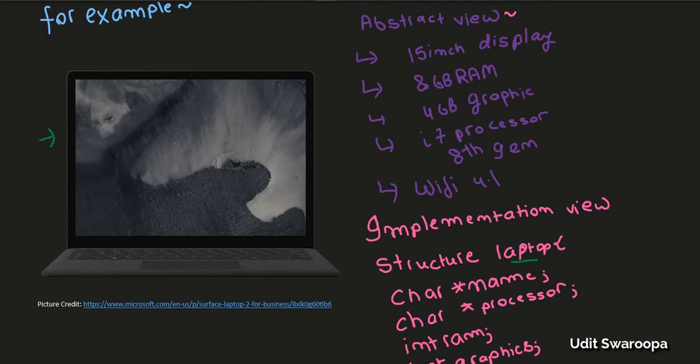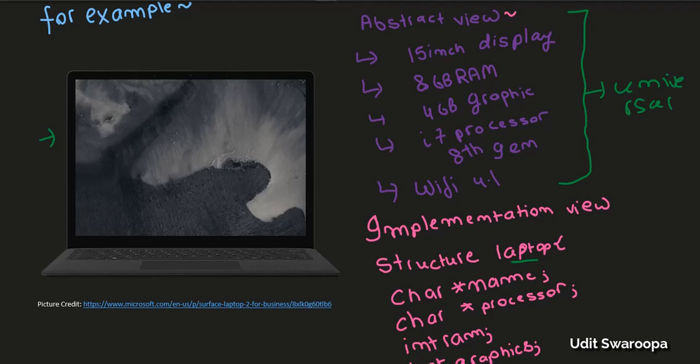Since there are different approaches for different languages, we have these two kinds of views. The abstract view is universal, and all programmers have to follow it. The implementation view is decided according to the programmer. If I want to implement using C, I'm going to use C. If I use C++, it's going to be different. If I'm using Python, it's going to be different. If I'm using Java, it's going to be different.